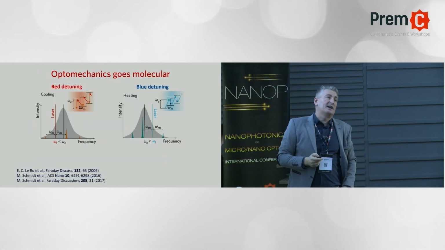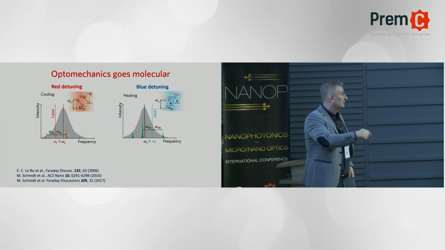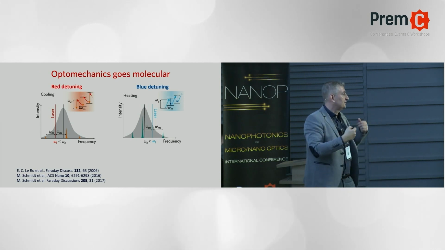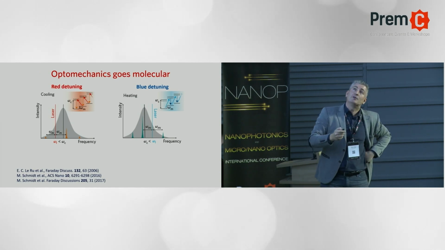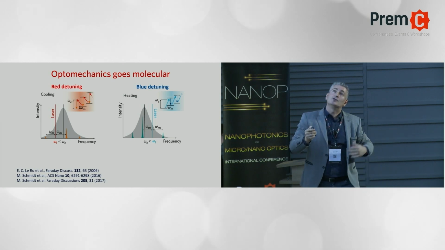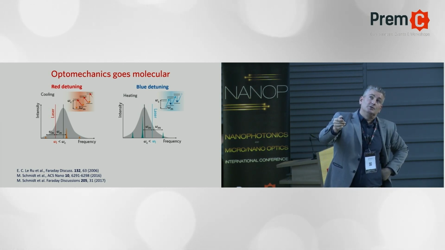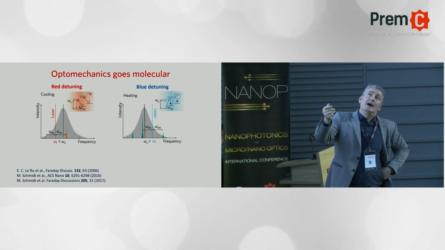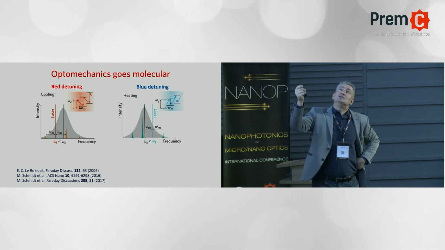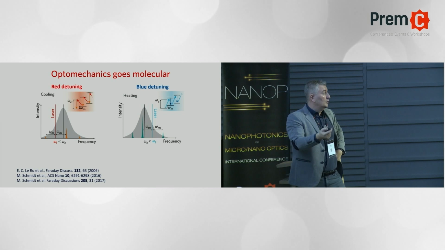What can you do with optomechanics? Many, many things. It's a very intrinsic, non-linear process, if you wish, if you put in enough number of photons there. But as Romain said, you can red detune your laser with respect to the cavity and produce cooling, or blue detune, produce heating, so you can cool, you can heat.